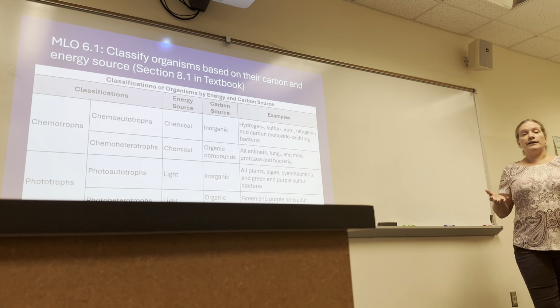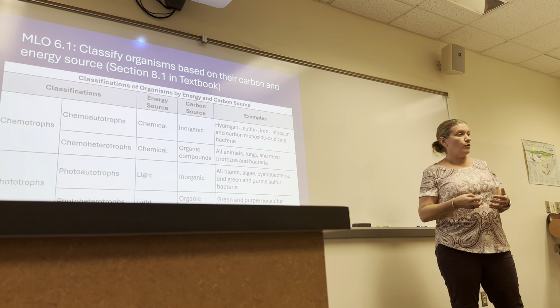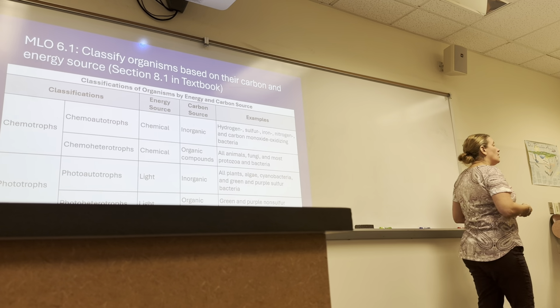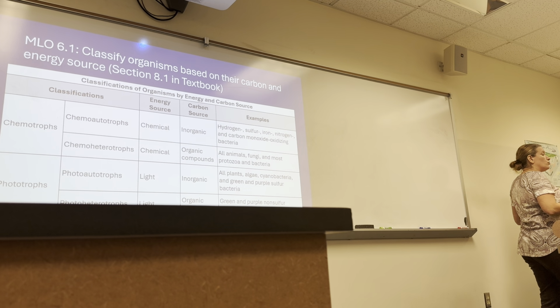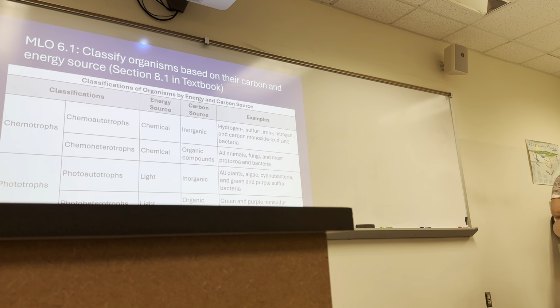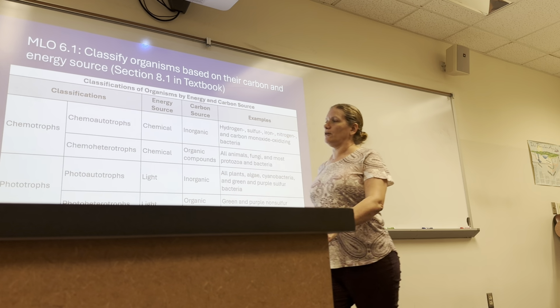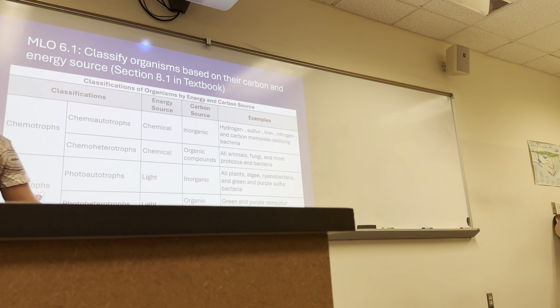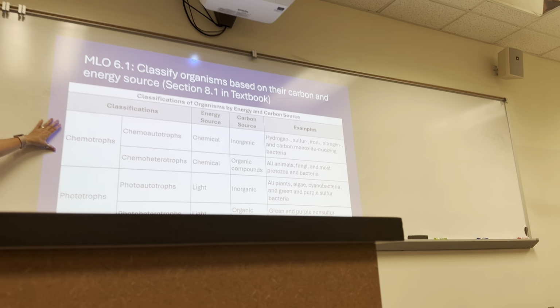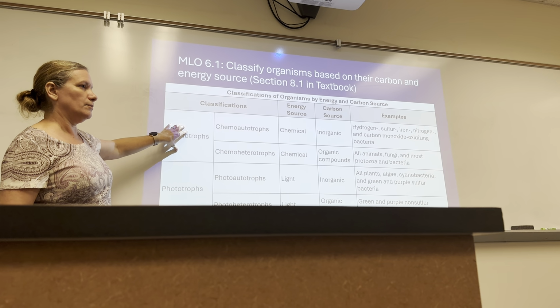Light would be through photosynthesis. If they are obtaining their energy through light, those are your phototrophs, shown on the bottom half. If they metabolize chemicals to obtain their energy, they're chemotrophs.